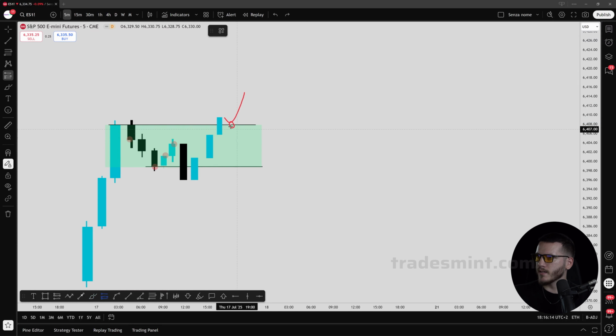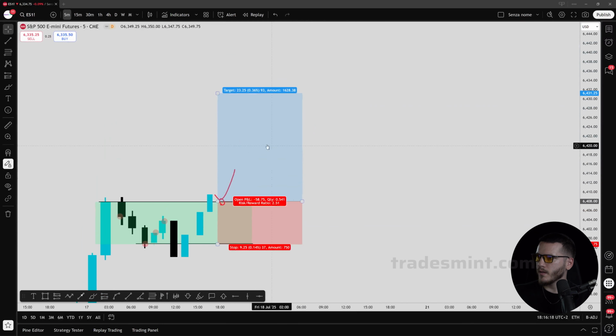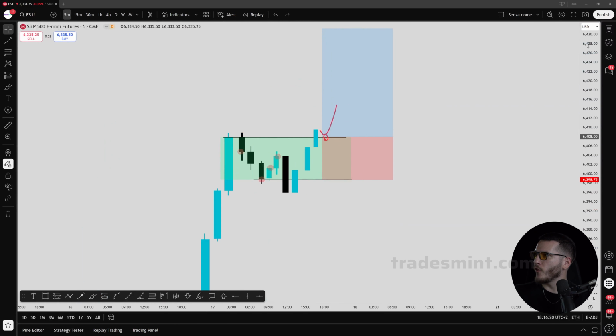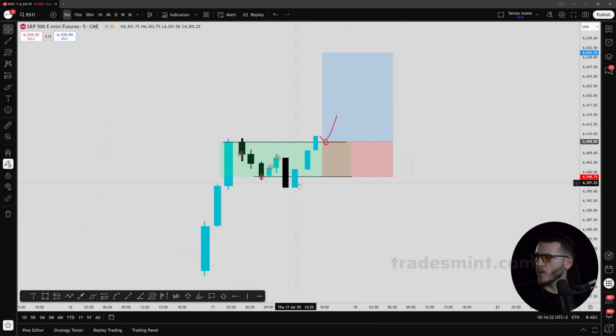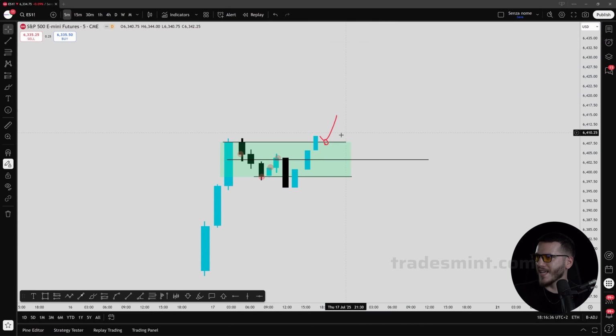That's our second idea. We want to continue following this trend, protecting ourselves either below the whole area or below the point of control of this area, if we want to be a little more aggressive with a slightly higher risk to reward ratio. And this is our second setup.